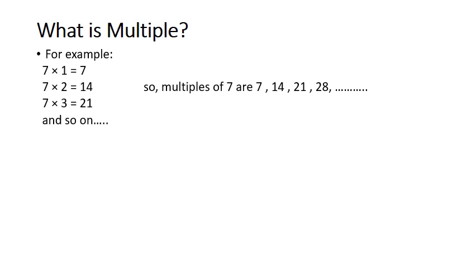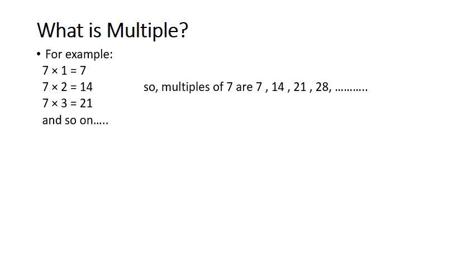And have you ever thought about where this calculation will end? No, there is no end to finding multiples. The word multiple itself says that they are infinite. So here, finding all the multiples of any number is not possible because multiples are infinite.